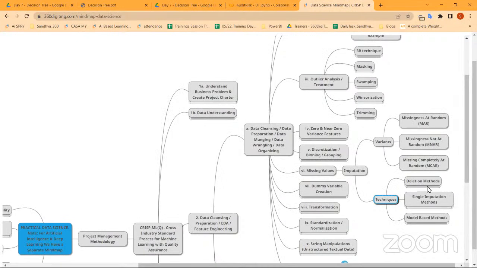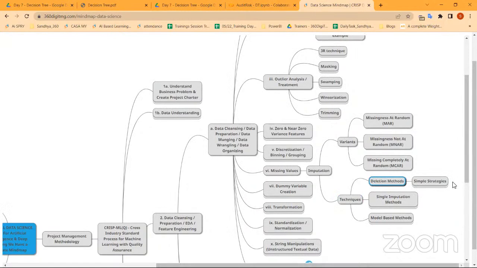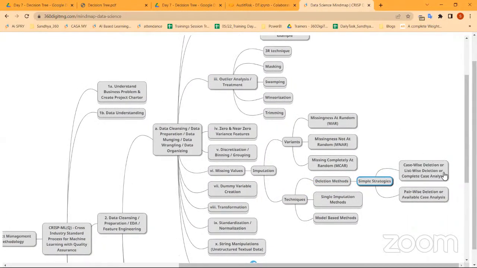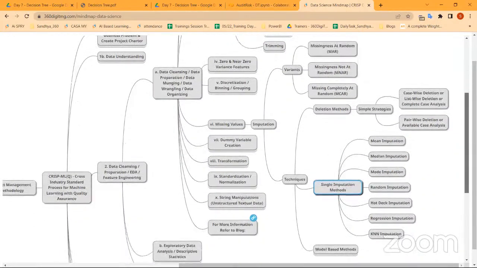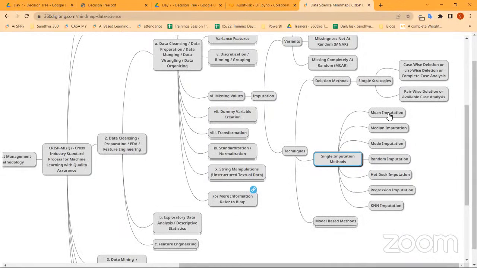We can use deletion methods like simple strategies, where we have case-wise deletion or list-wise deletion, or complete case analysis, or simply we can go with pair-wise deletion or available case analysis. And then we have single imputation techniques. These are the techniques that I stated just now: mean imputation, median imputation, mode, and random imputation. Hot deck imputation is also available.